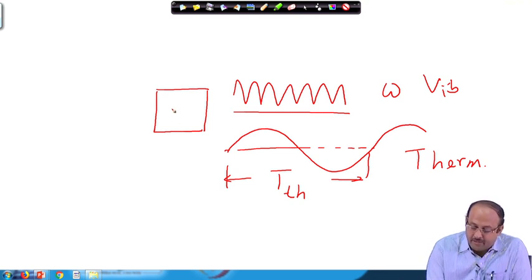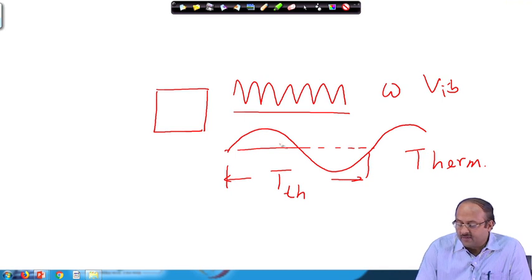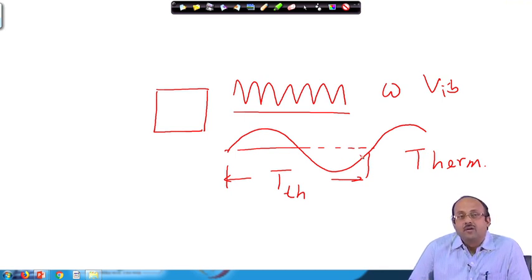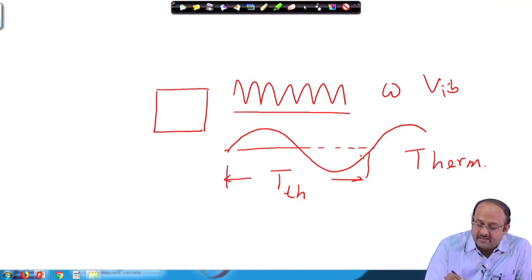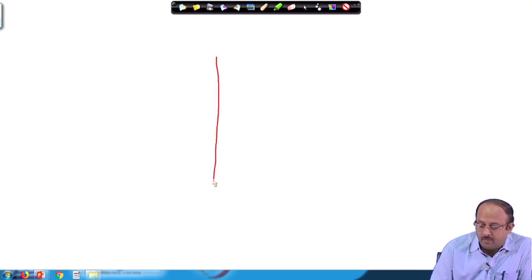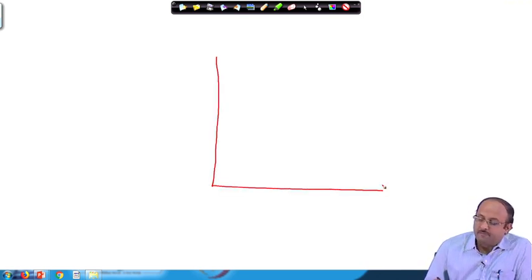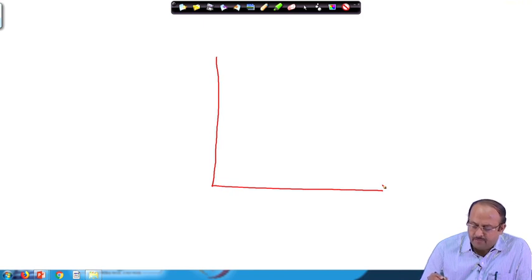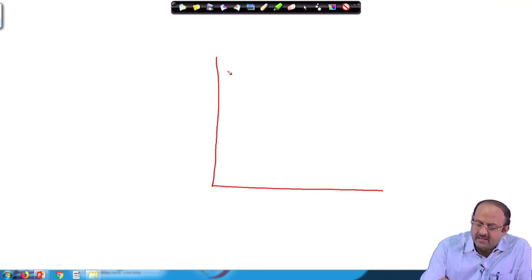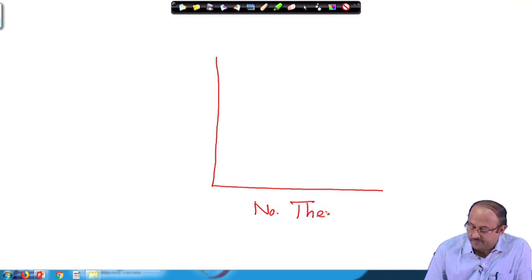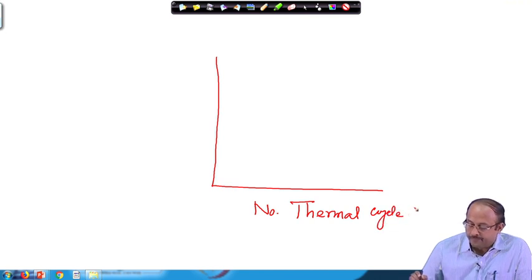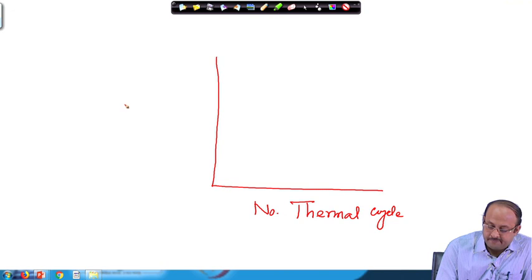Now, if the complexity of the equipment increases, then instead of one cycle we can give 2, 3 or more cycles. It has been found that with complexity, suppose for a very small equipment having a few chips or components, then one thermal cycle, suppose this is the number of thermal cycles and this is the failure probability.